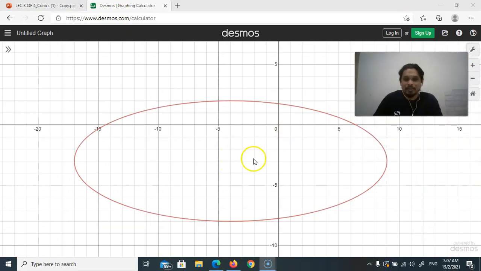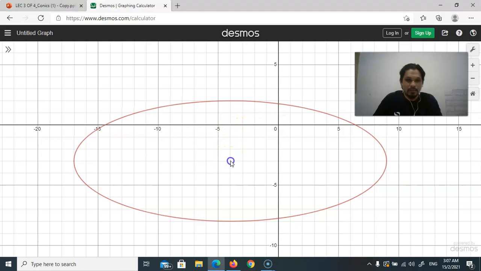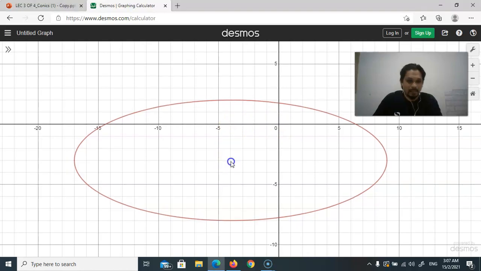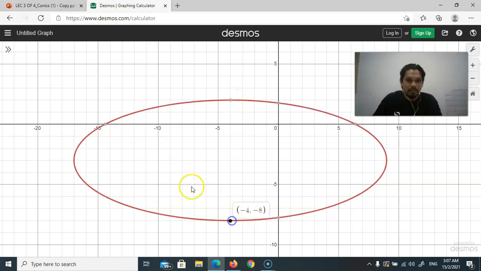So the center of this ellipse is negative 4 and negative 3, somewhere around here. And then we call the major axis here, and the focus is over here.